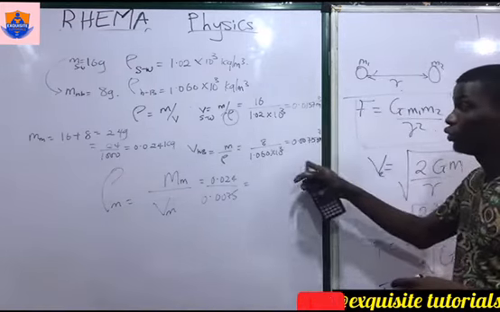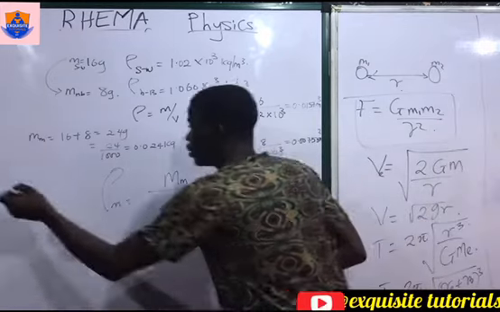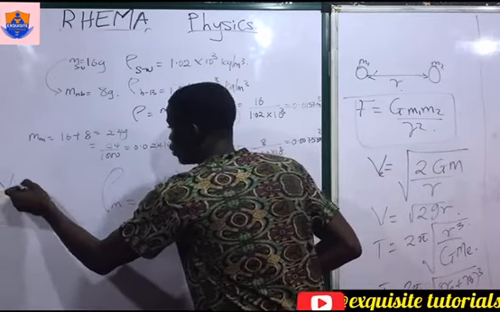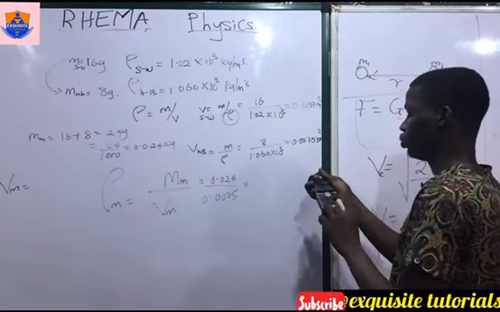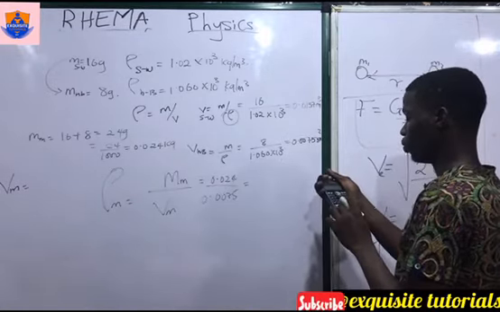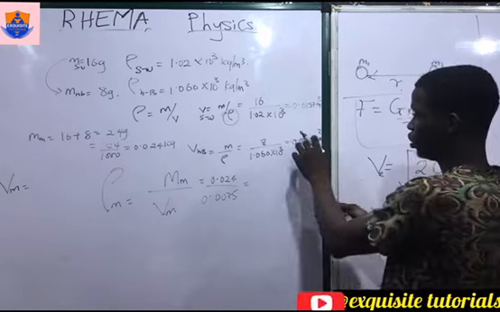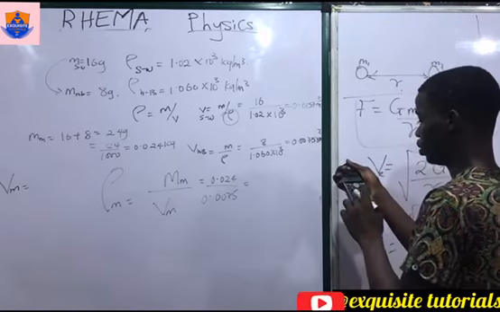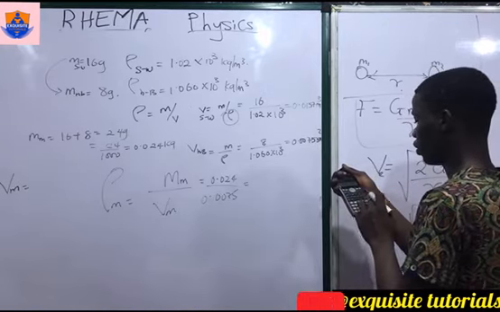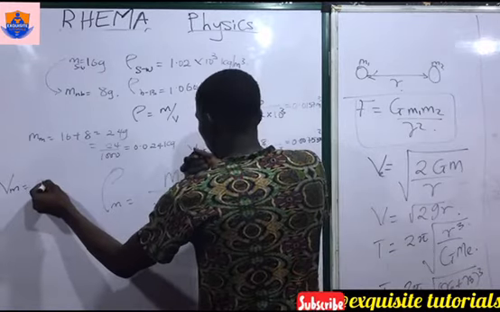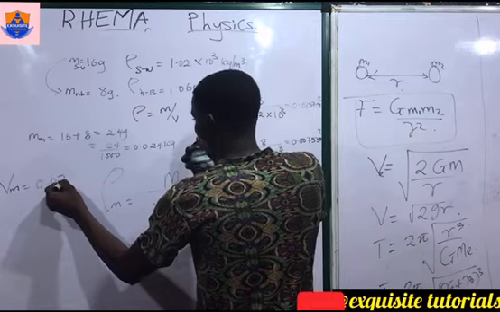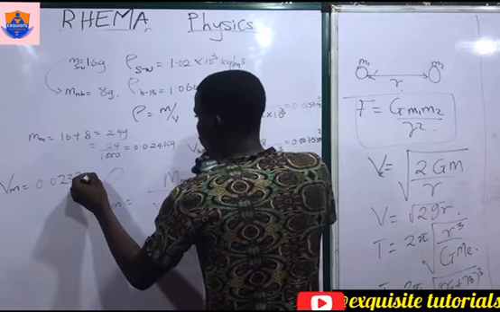You have to add the volume of the mixture: 0.0157 plus 0.0075. You'll have 0.0232 as your value in meter cube.